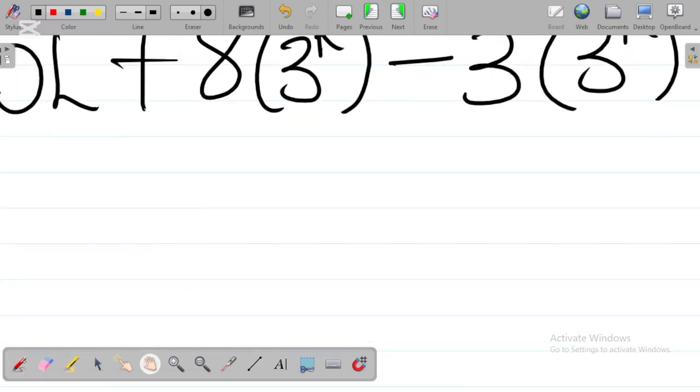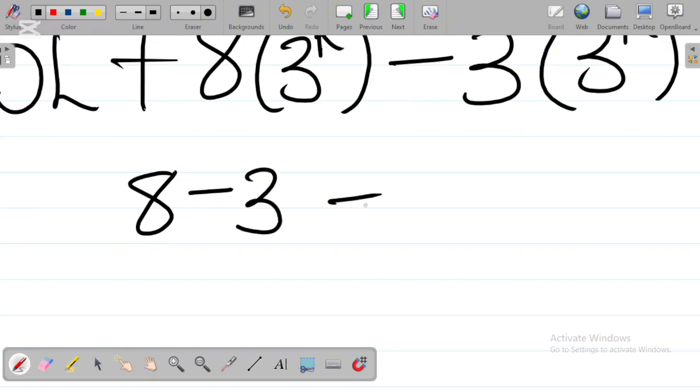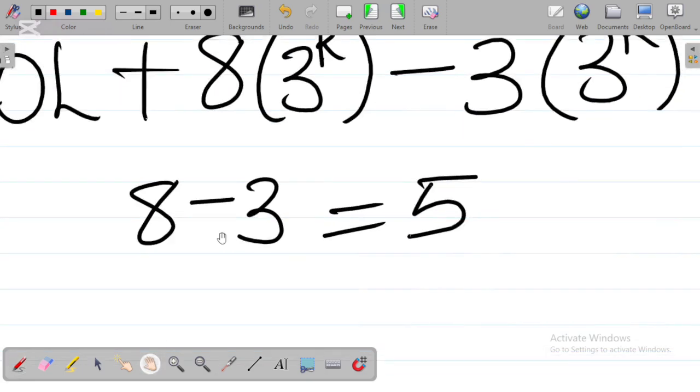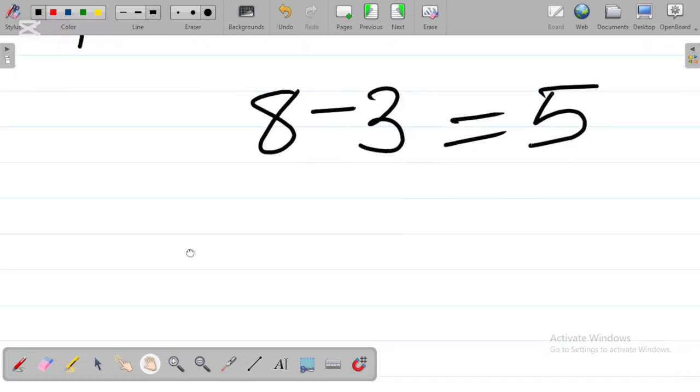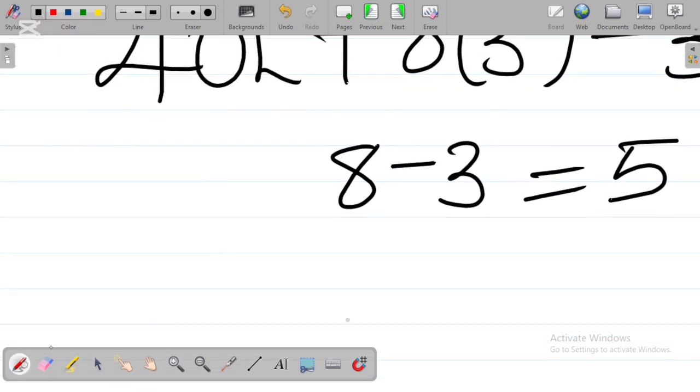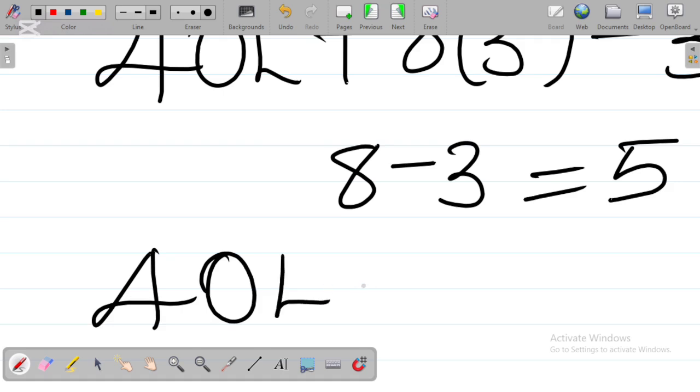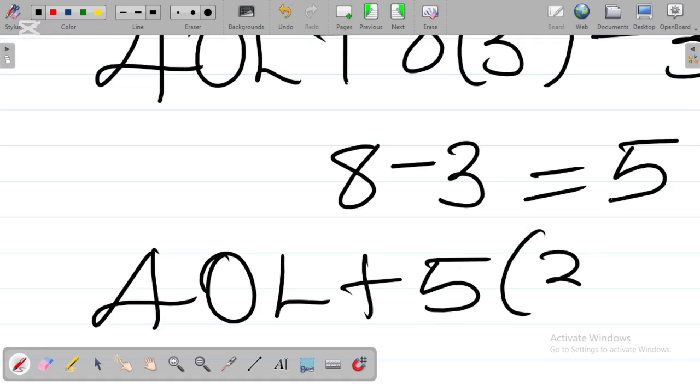So we can simply say that 8 minus 3 is 5. So 5 will multiply the 3 raised to the power k. So we have 40L plus 5, open bracket, 3 raised to the power k.